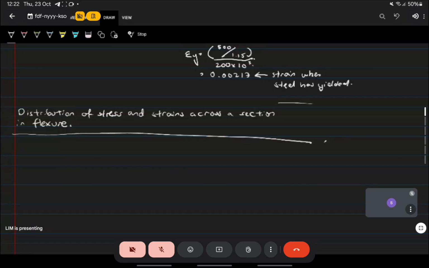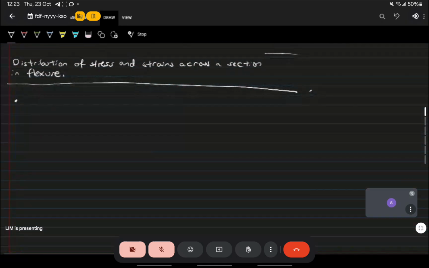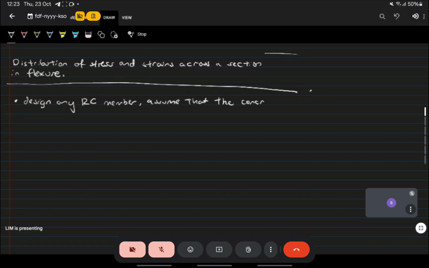When we design a concrete section in fracture, we follow a couple of theories. The theory is that when we design any RC member, reinforced concrete member, we assume that the concrete will crack.